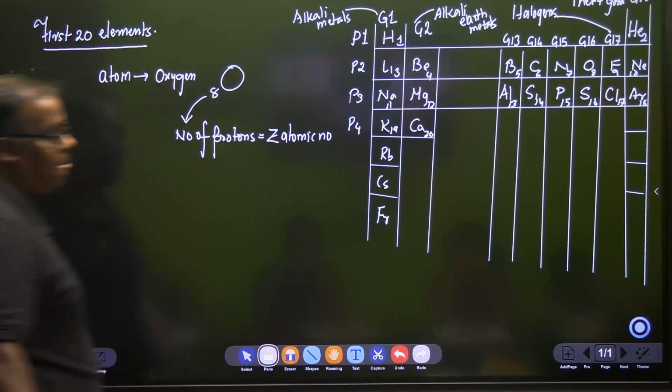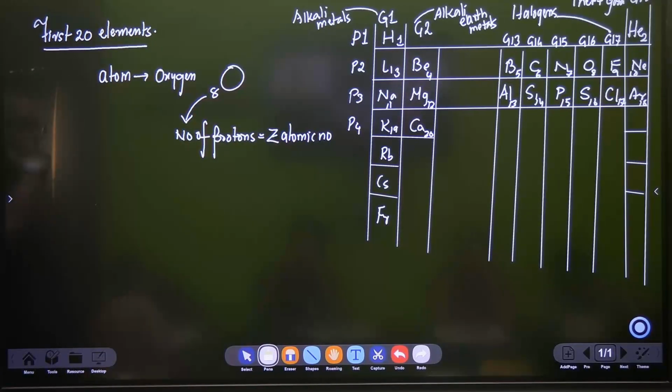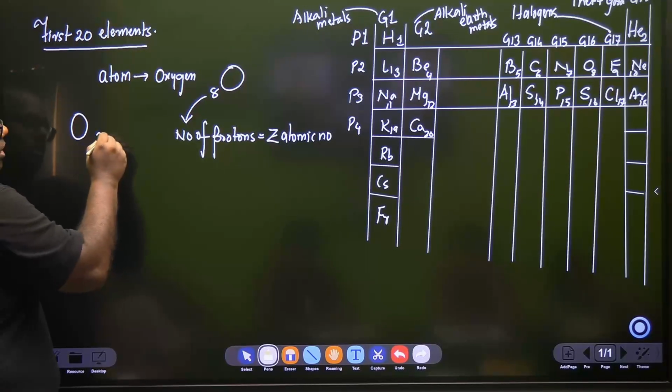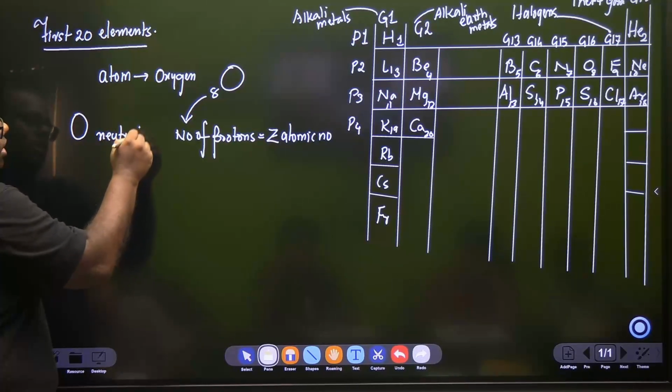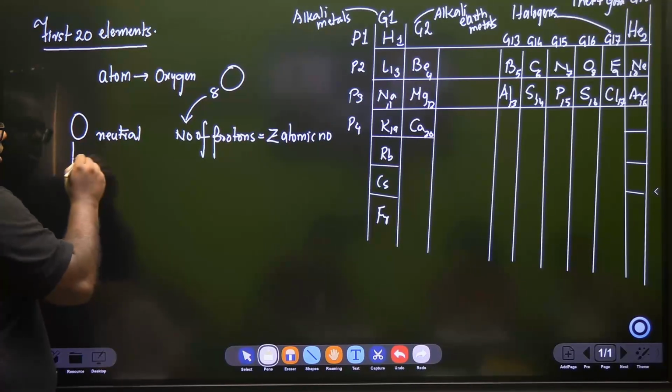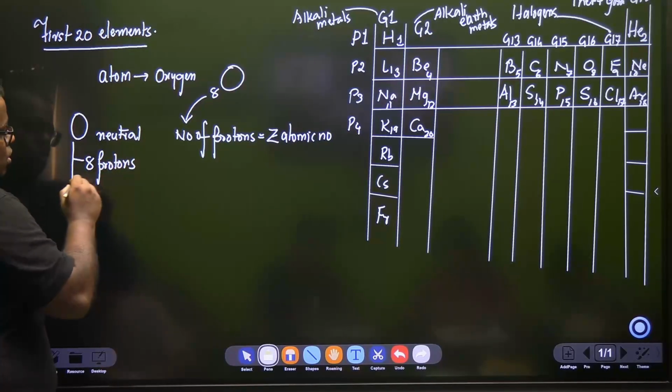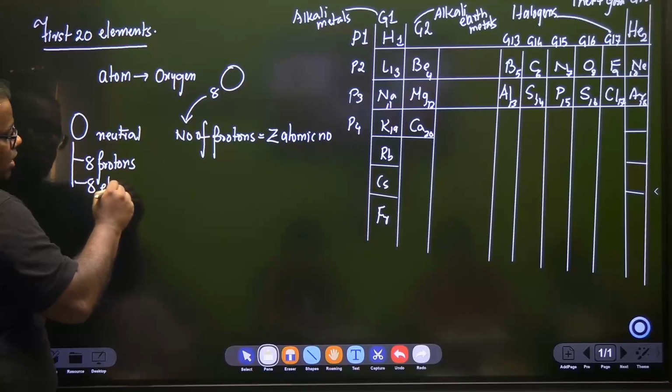Is this clear? What does this mean? It means one atom of oxygen has got 8 protons with it. Okay. Now let's say the oxygen atom is neutral. If the oxygen atom is neutral, it should have 8 protons and it should also have 8 electrons.